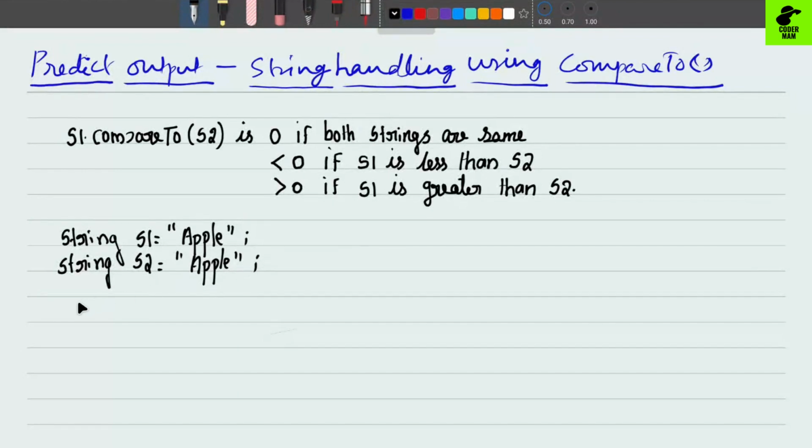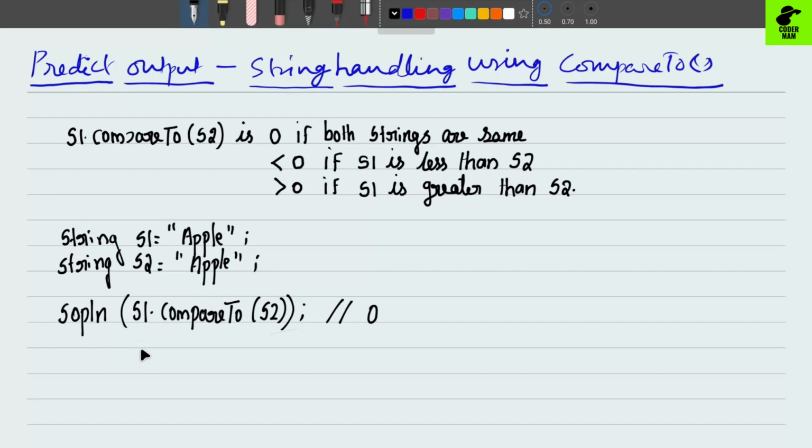Now what is System.out.println s1.compareTo(s2)? System.out.println, short form I am using SOPLN. So what is the answer? Both strings are the same, so the output will be 0. That is the first case. Both strings are the same, it will return 0.